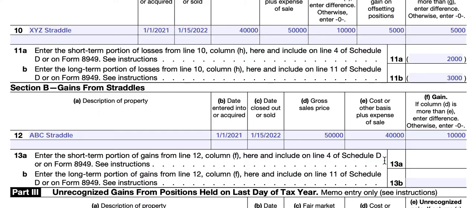You would indicate this with box F marked, and then you would enter Form 6781 Part 2 in column A. You would enter the amount of the gain in column H. So let's just imagine that $2,000 of the gain was short term and $8,000 was long term. Then they would go in Part 1 or Part 2 of your Form 8949 or line 4 and 11 of your Schedule D respectively.